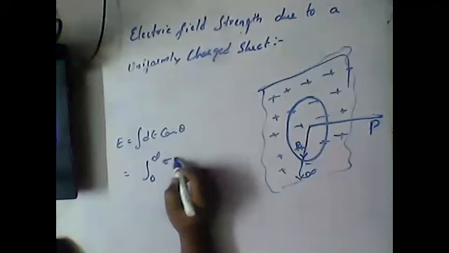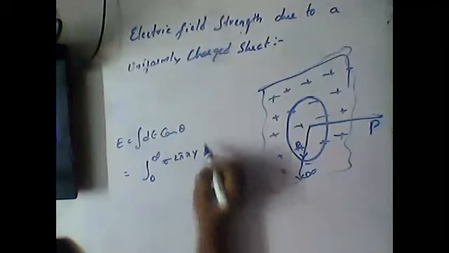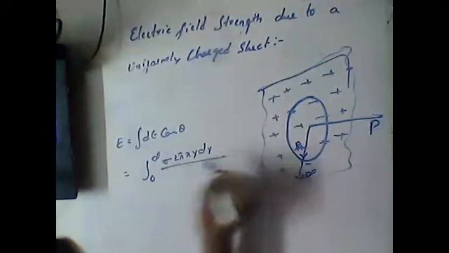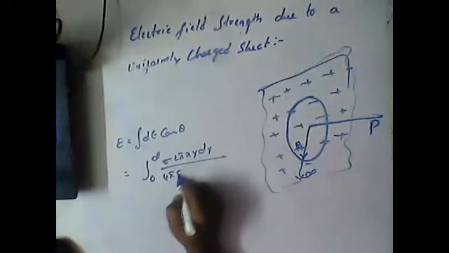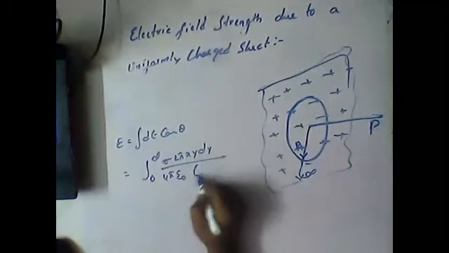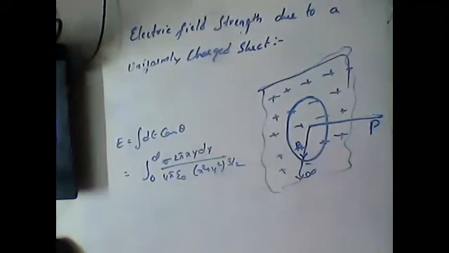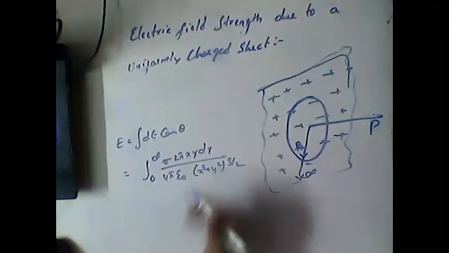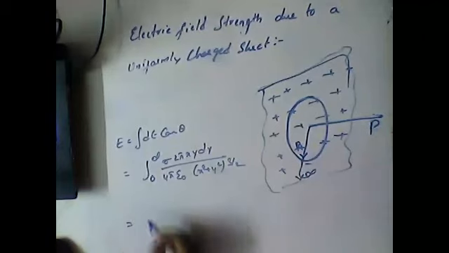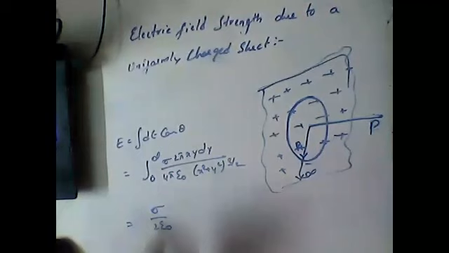Sigma 2 pi x y dy by 4 pi epsilon, x square plus y square whole power 3 by 2. This is the formula. By resolving all those, we are getting the formula sigma by 2 epsilon, just as before. The only thing is we are just placing infinity.